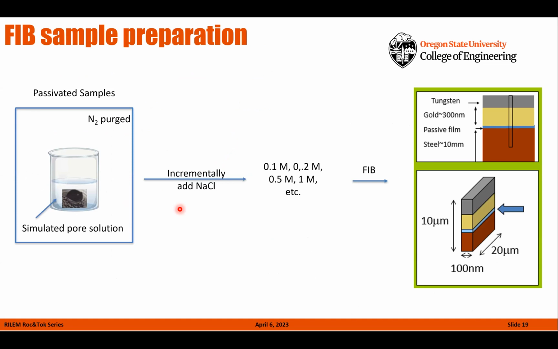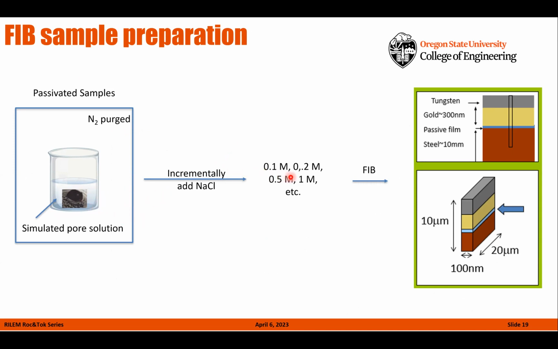You can use the same approach to study the effect of chlorides. For example, you take multiple samples in different passivating solutions, and they're all passivated, let's say, 2 weeks. And then you start incrementally adding sodium chloride to see what the effects of chloride are on these passive films.